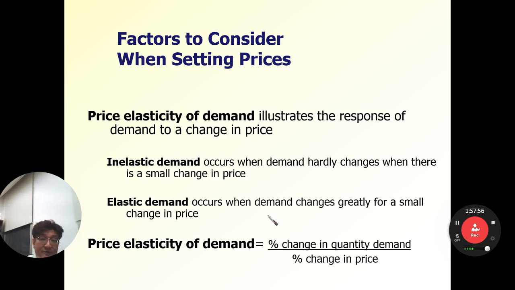When the absolute value, without the sign, minus or plus, it doesn't matter, of the elasticity is higher than 1, then we call it elastic demand. When it is smaller than 1, we call it inelastic demand.